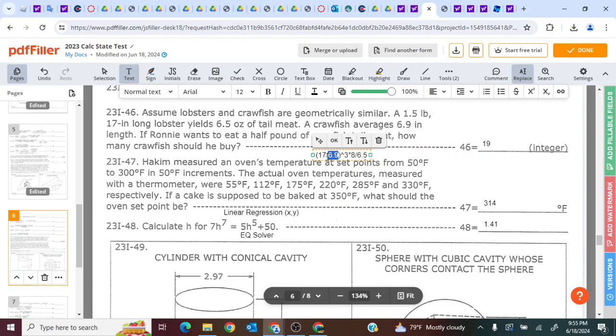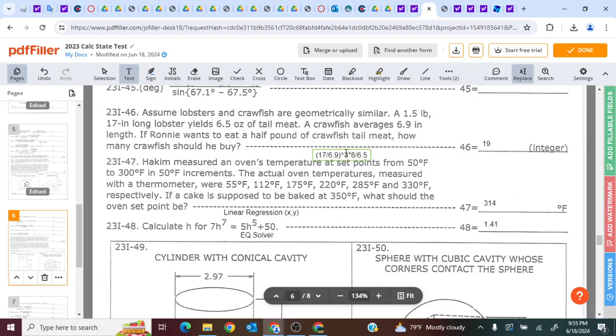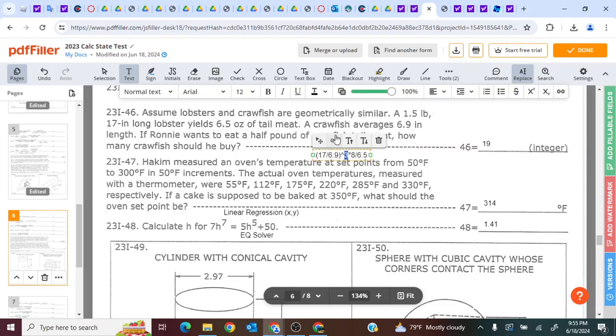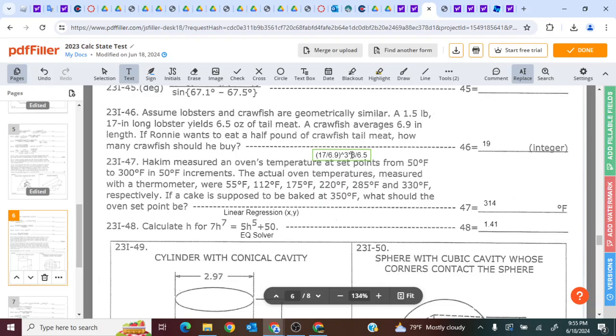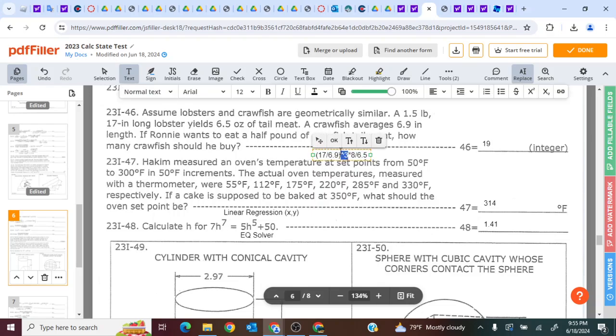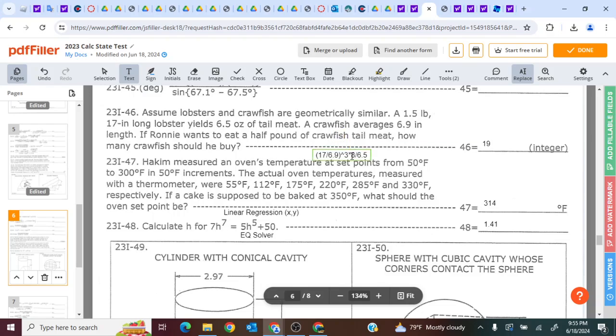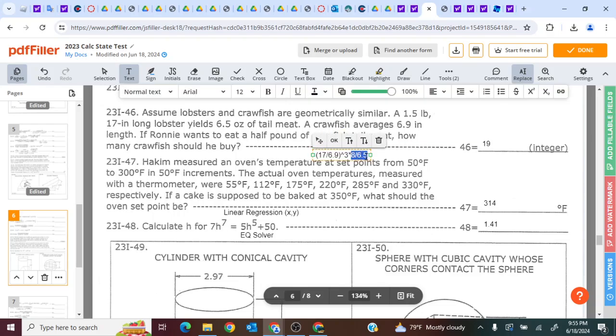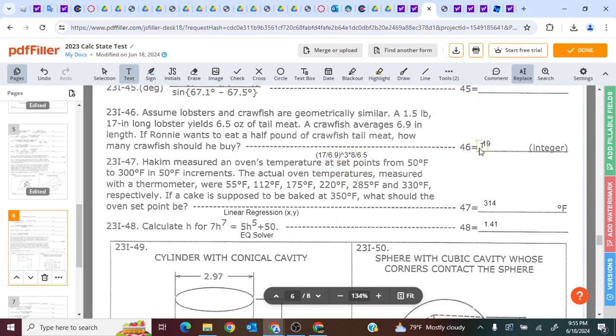Now lobsters and crawfish are three-dimensional objects, so you have to cube that value to figure out how many more crawfish you need than lobster to create an equal amount of tail meat. And then you actually want half a pound or 8 ounces of tail meat, so you gotta multiply it by 8 and divide by 6.5, your original, to get 18 point something, which must round up to 19 because you can't have less.